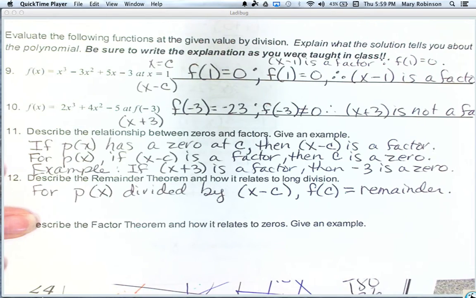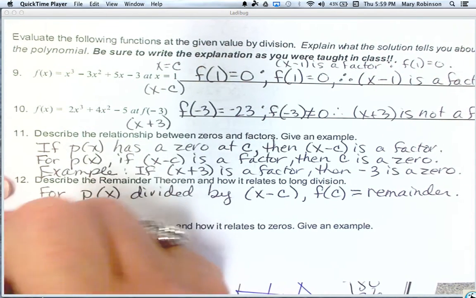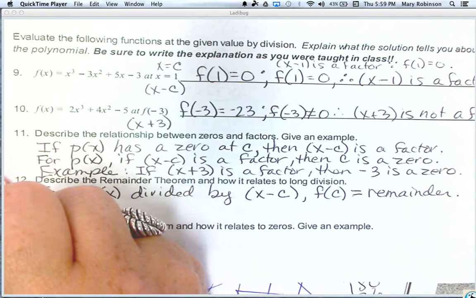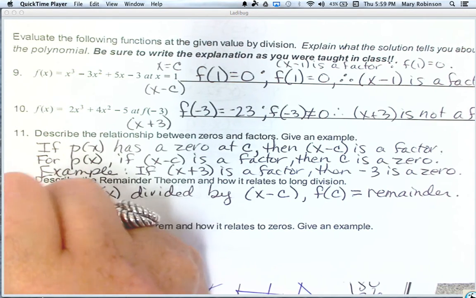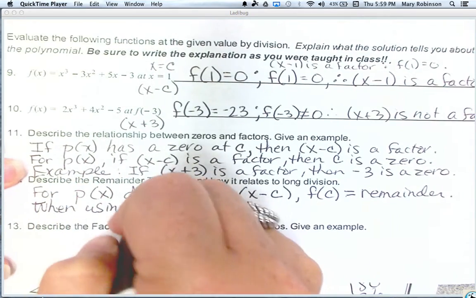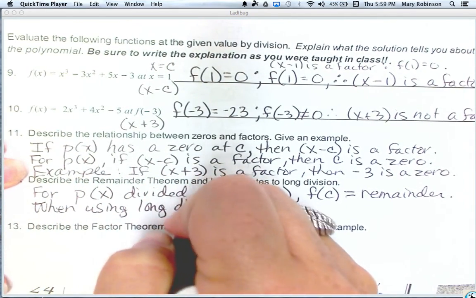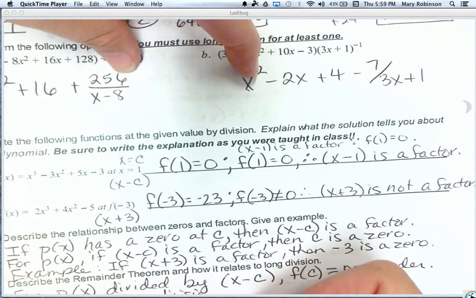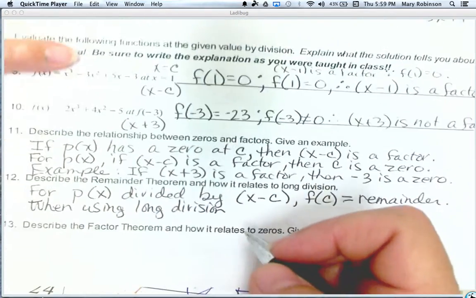How does that relate to long division? We would say that, let's see, when using long division, and I want you to relate it to what I did up here in the division problems to check our answer.